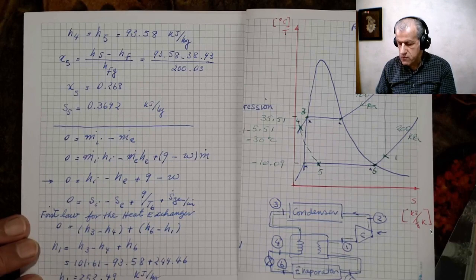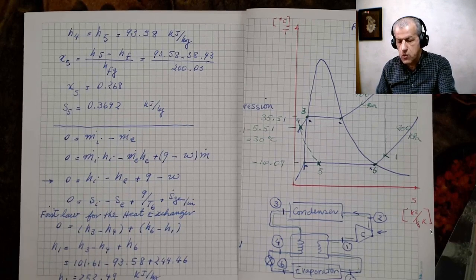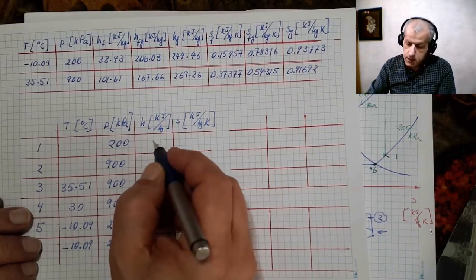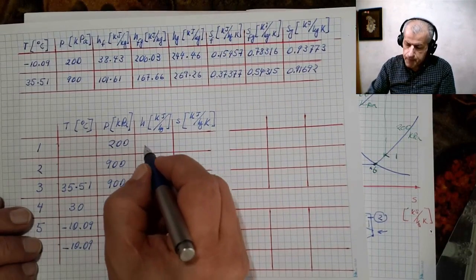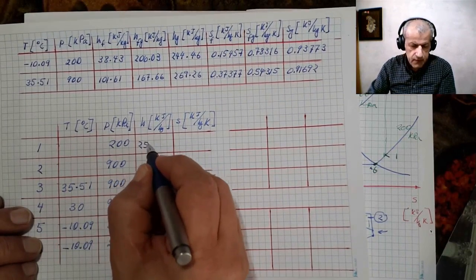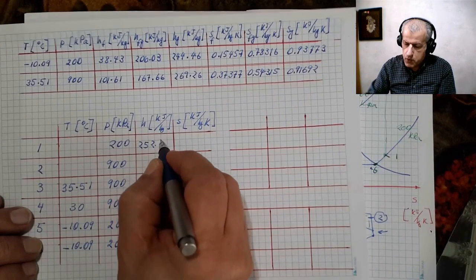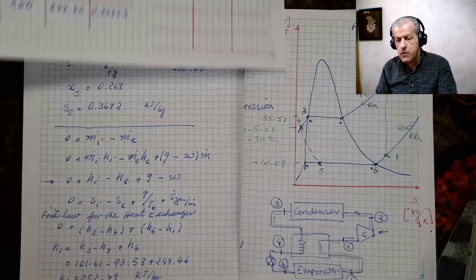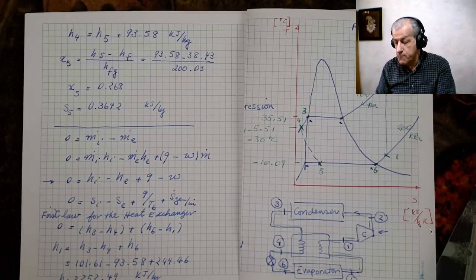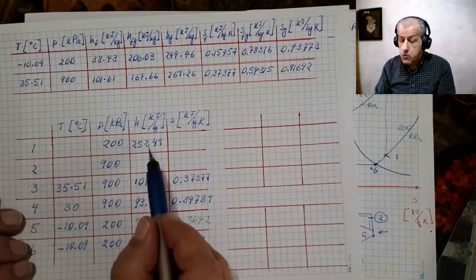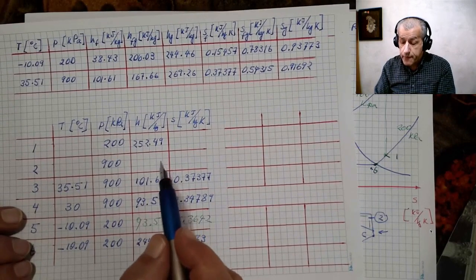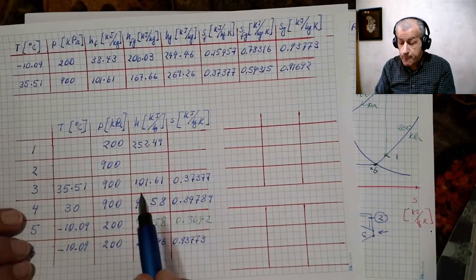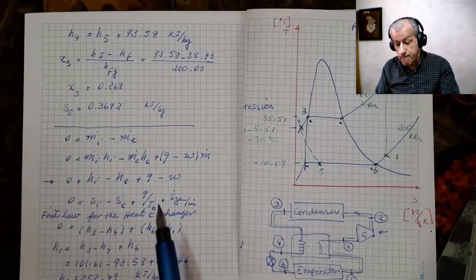This is the value for H1, and I should write it here. 252.49 kilojoule per kilogram is the value for H1. We don't know its temperature and its entropy.